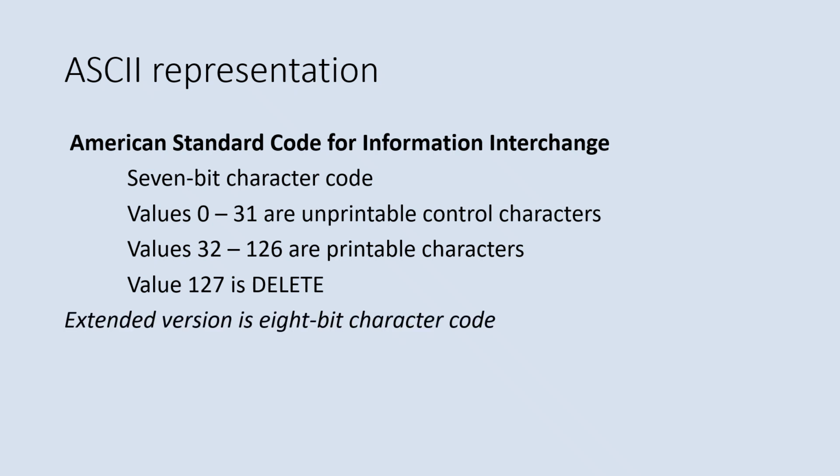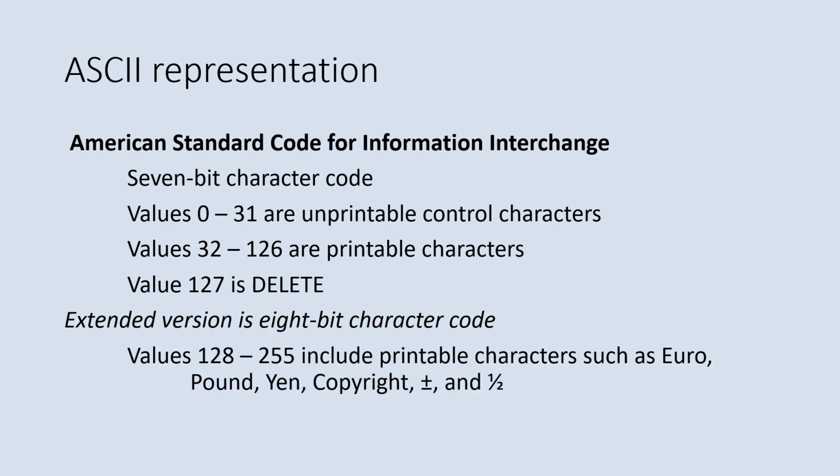Now there's an extended version of this, and that's an 8-bit character code. The 8-bit character code allows us to go on up to values of 255. So 0 to 127 are the same as before, and then the extended version goes on. This includes a bunch of other printable characters.